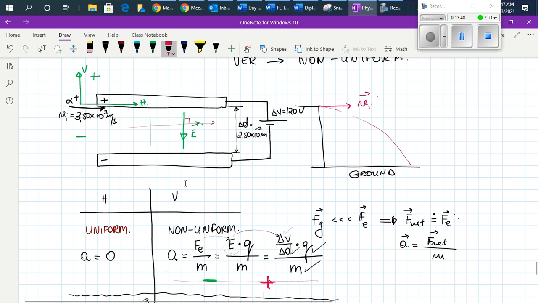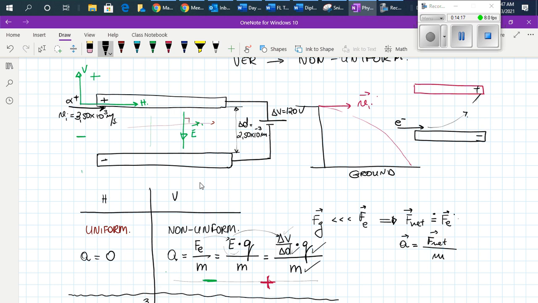Anything that is below the horizontal axis will be considered negative, and everything that is above the horizontal axis will be considered positive. Saying this, if we have a situation with parallel plates that look like this, positive, negative, and we have an electron that is entering here, the path will be something like this.